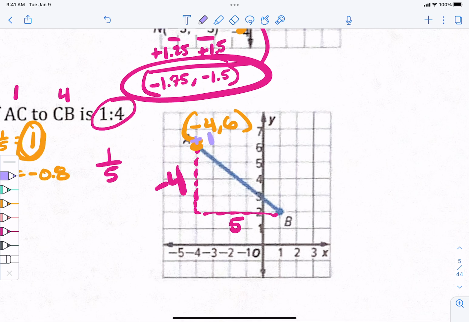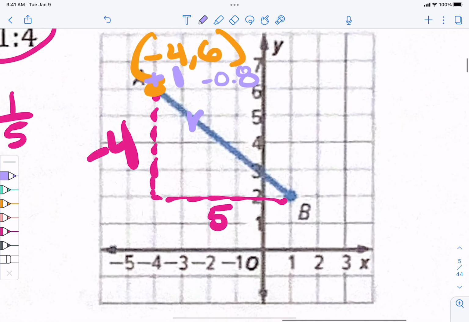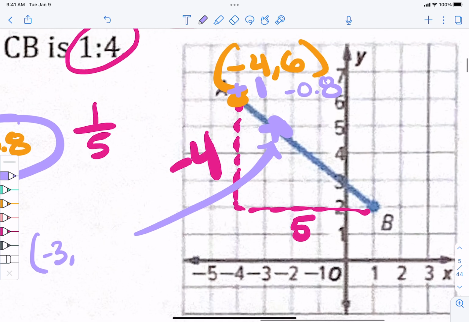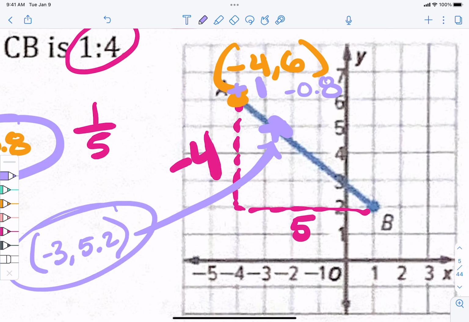And I'm going to subtract, because it's -0.8, I'm going to subtract 0.8 from the 6, right? So the coordinate for C, which is this guy right here, is at where? -3, comma, 5.2. That is the coordinate of our C point. Does that make sense? Yeah, all you're going to do is just do those coordinates over, right? Good, good?